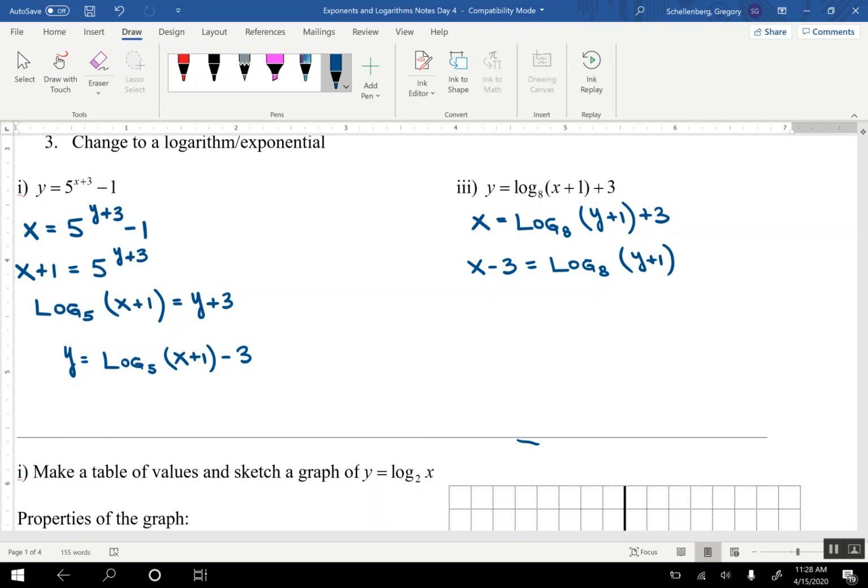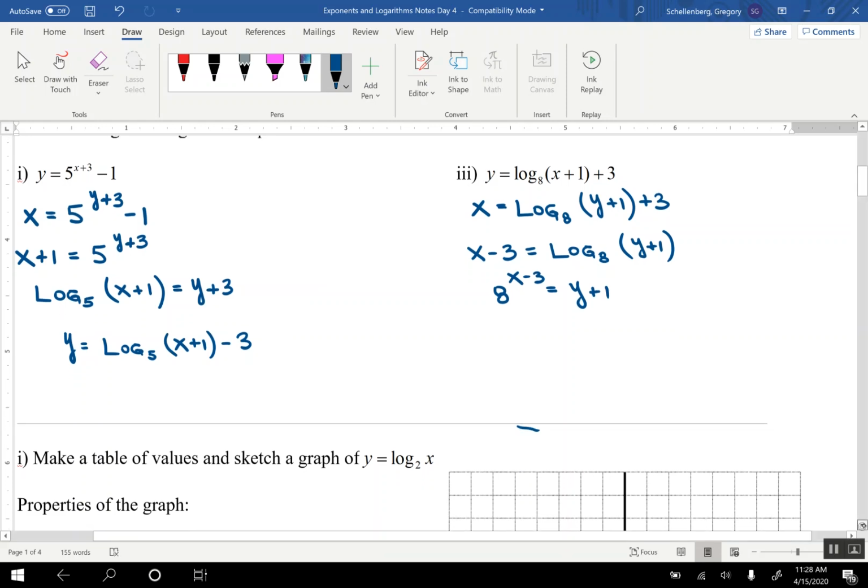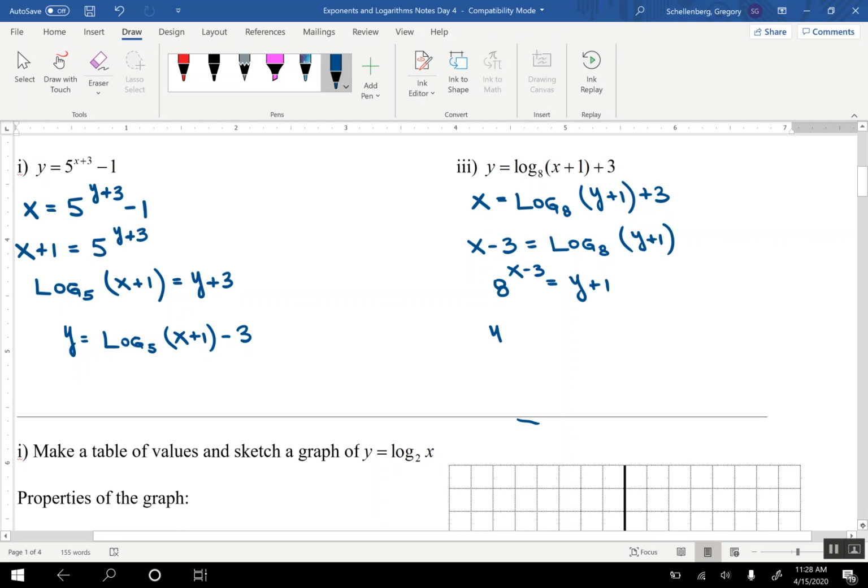So the base 8 raised to the power of the solution, x minus 3, is equal to the argument, which is y plus 1. And then we'll just move that 1 to the other side. So we get y is equal to 8 to the power of x minus 3, minus 1. And there we go.